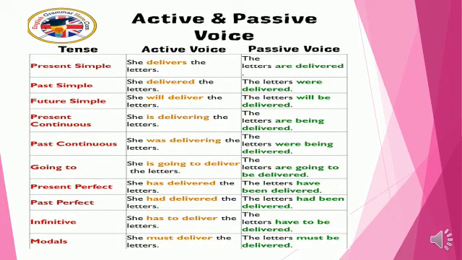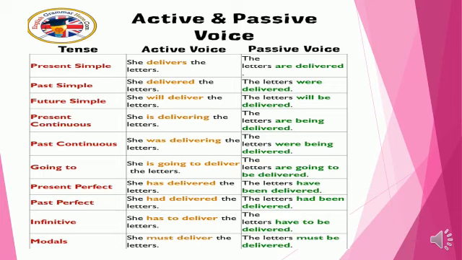Okay, let's go to our table. This table is a summary about all tenses of the sentence. So if the sentence was in the present simple, she delivers the letters. If we want to change it into passive, the letters are delivered because the tense is present simple.